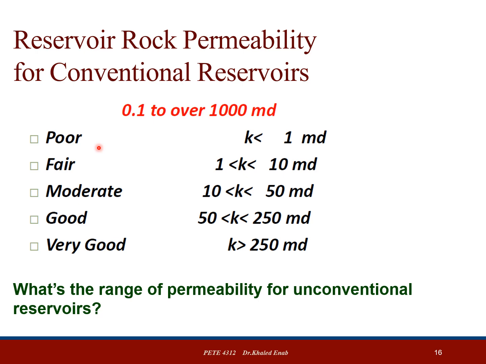But if you see some studies that represent permeability in millidarcies and say, oh, this is a very good or great permeability, know that you're reading something on unconventional, because unconventional permeability can go to a nanodarcy simply. Fair is up to 10 millidarcy, moderate 10 to 50, good 50 to 250, very good is 250 millidarcy, where you produce simply by drilling a vertical well.